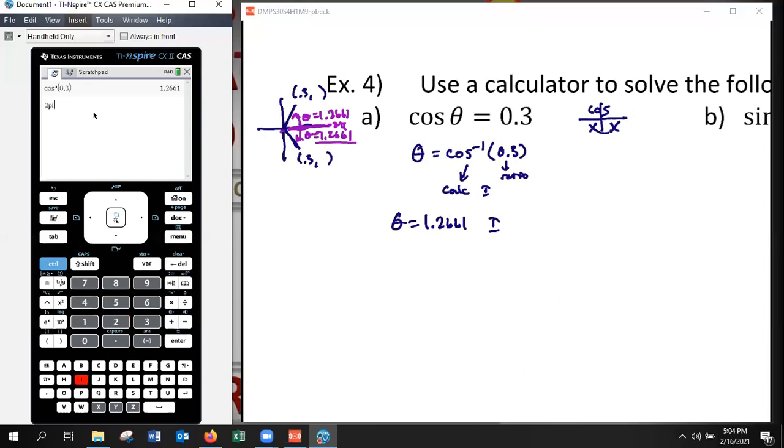So 2 pi minus that is 5.017, and I'll just leave it at 3 decimals, which is what I tend to ask for anyway. So that 5.017 is our official angle right here. The way that I got it is 2 pi minus the quadrant 1 answer.